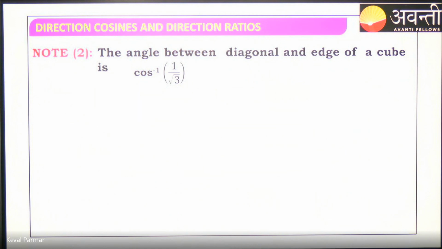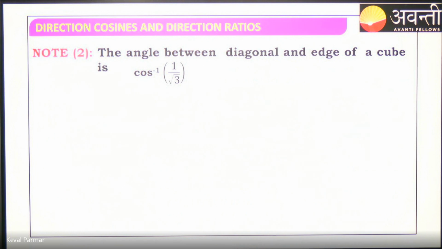Draw the diagram of the cube that we drew in the previous slide. Diagonal and edge.